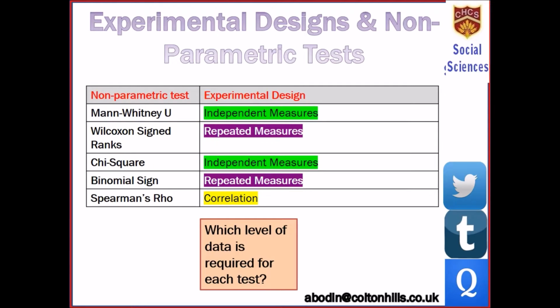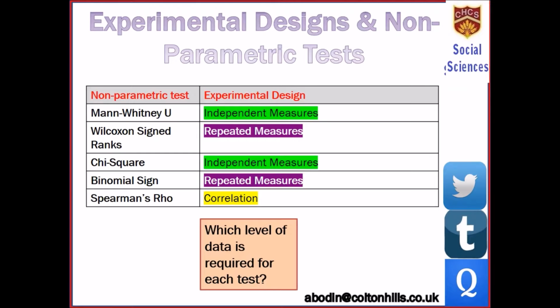With Wilcoxon signed ranks, it's a specific level. Same with chi-square and binomial sign. So the point that I'm trying to make here is that experimental design, whilst it is a criteria that needs to be taken into account in choosing a non-parametric test, you also need to know the level of data to be able to differentiate between the non-parametric tests.